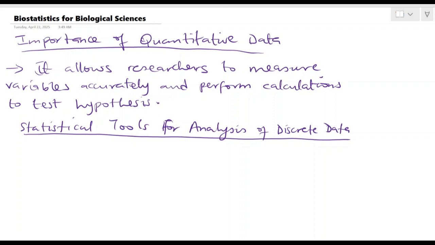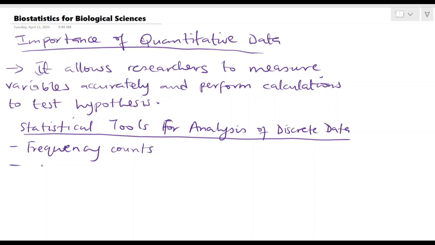The tools commonly used are techniques like frequency counts, to count how many times something appears.